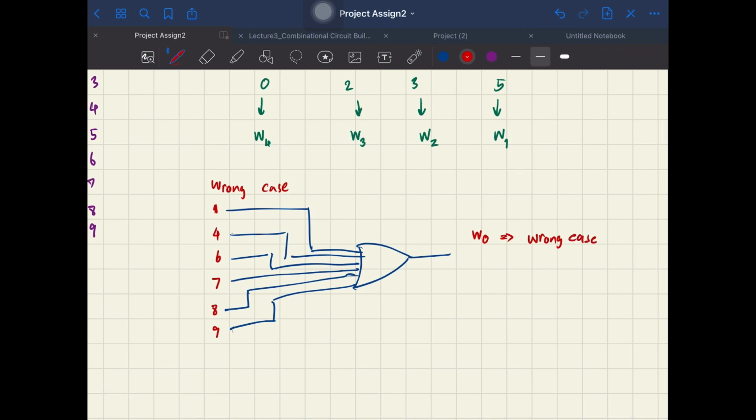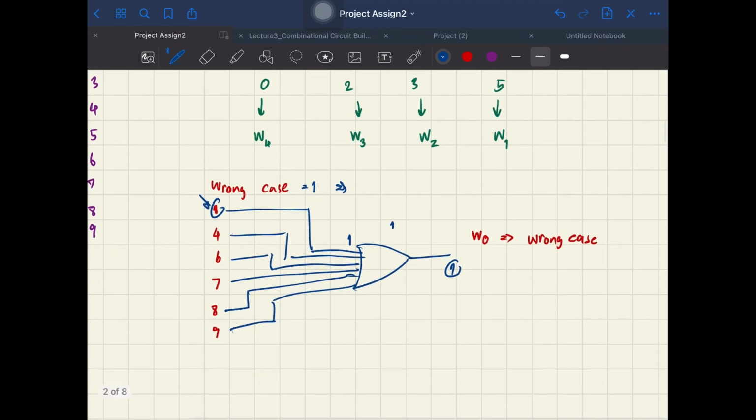And the reason that I use an OR gate is, if you press this button 1, right, it will be 1 OR with anything, the output is 1. So if I want the wrong case to be 1, it means you did the wrong thing or you pressed the wrong password. So I want the output 1.